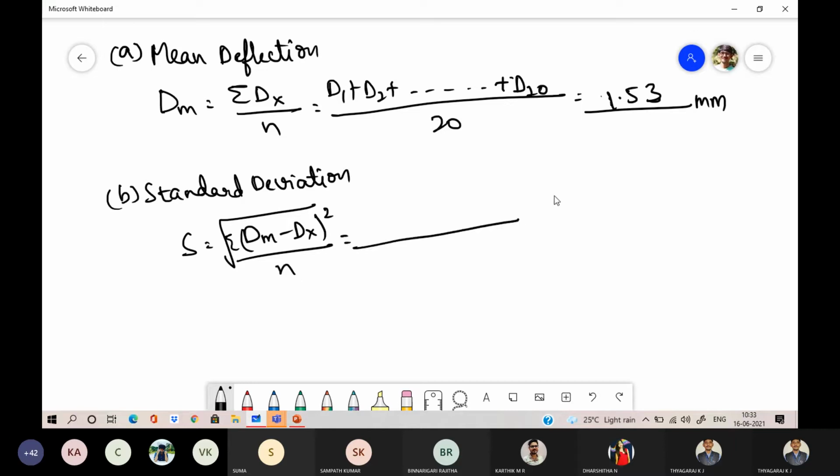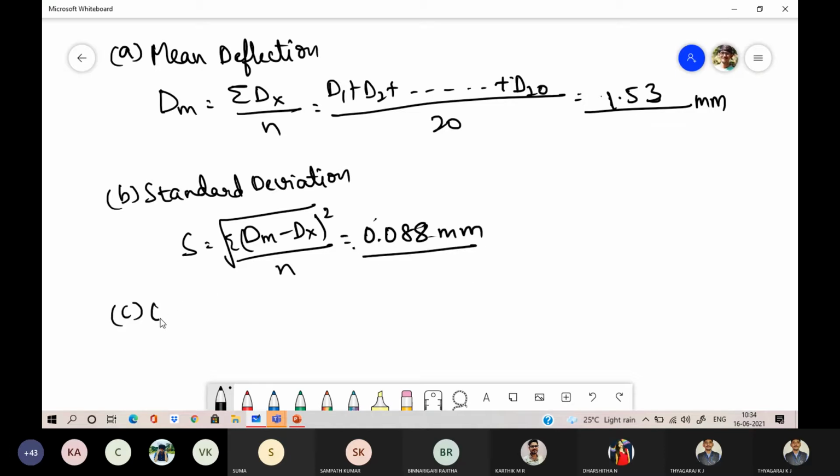You can directly get this standard deviation from the calculator. So we'll get 0.088. Check it. You get 0.088 mm.